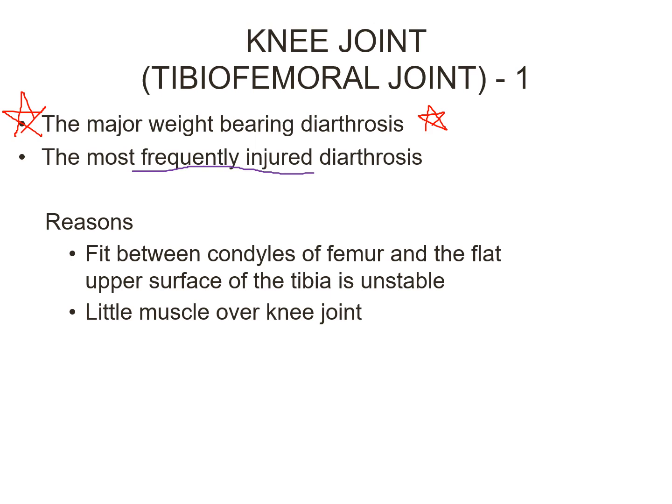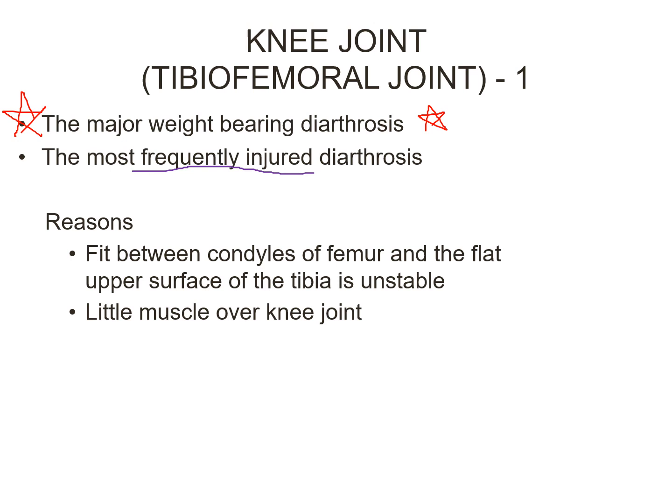The condyles of the femur and the tibia are kind of unstable. If you remember the medial and lateral condyle of the tibia, they weren't really your typical condyles. They're kind of flattened. So you have these two rounded surfaces on the femur, and they fit on this kind of flat surface, which gives it some range of motion. That's good. But once again, it also makes it unstable.